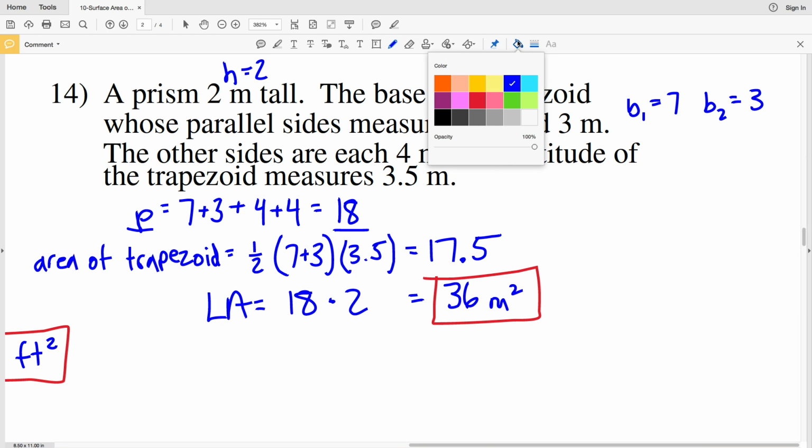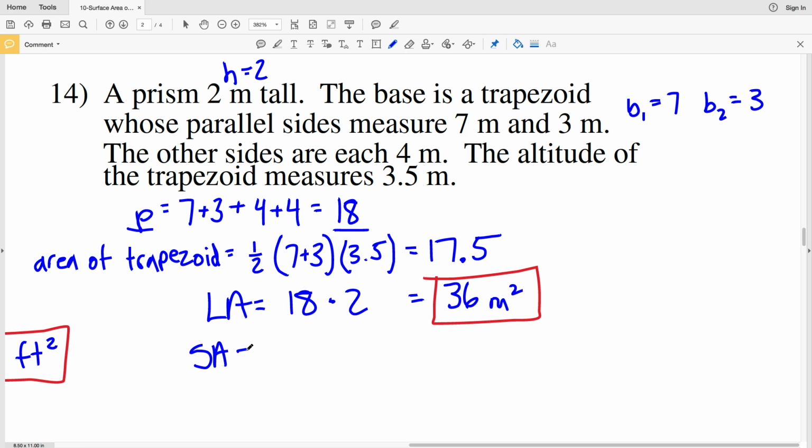Now let's calculate the surface area. Surface area is equal to the lateral area plus 2 times the area of one of the bases, which we calculated, the area of the trapezoid, to be 17.5. So we're going to have 36 plus 2 times 17.5, which is 36 plus 35.